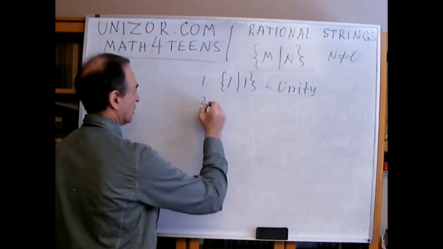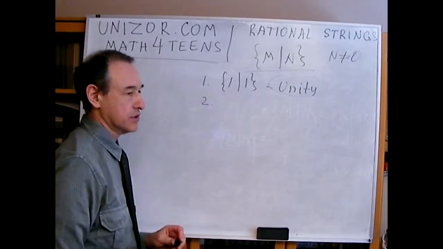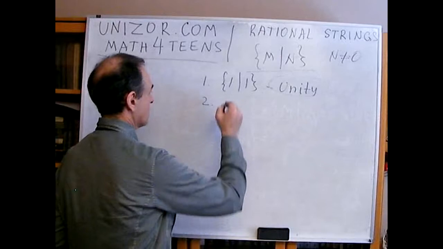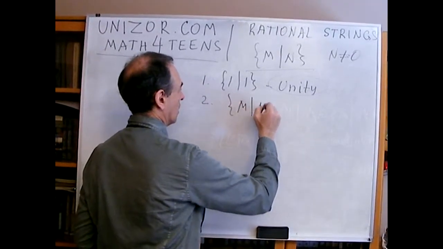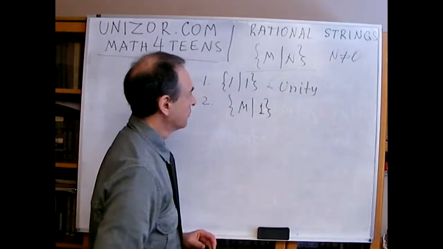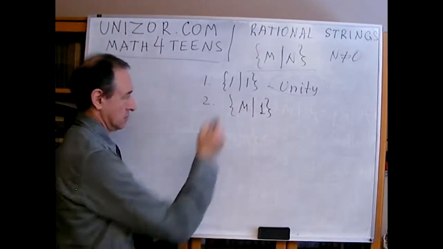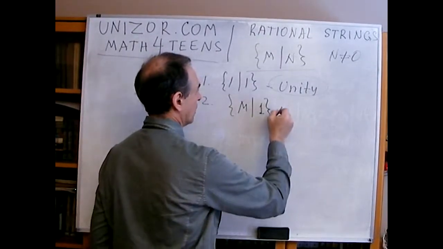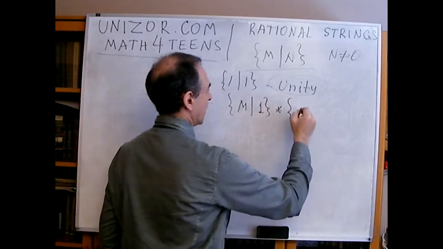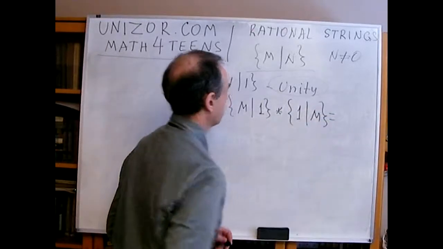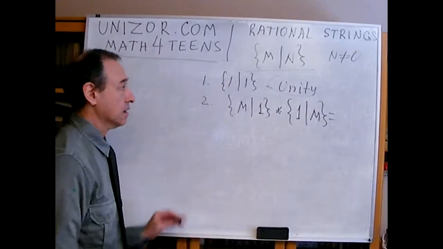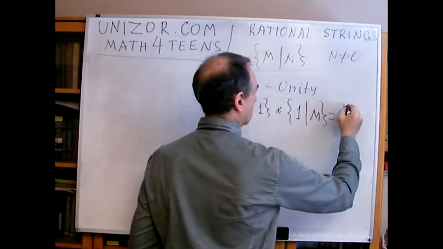Another thing which I would like to say, again by definition, is that if you have two rational numbers, rational strings, whatever you want to call it, of this type, where m is any integer number, this will be a unity.